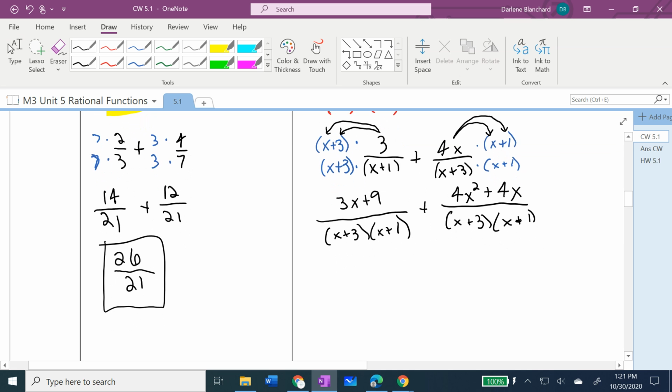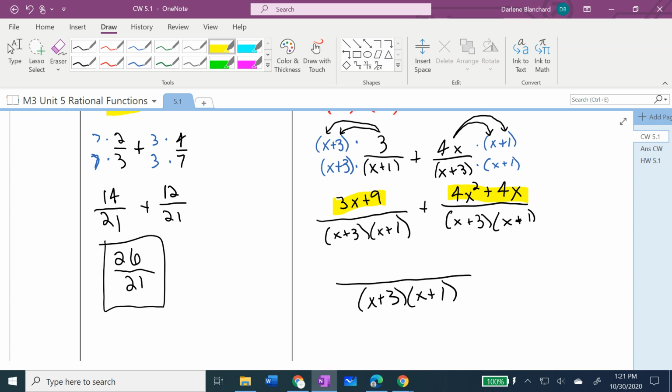So I've got my common denominator. I keep it, and I add the numerators. How do I add polynomials? Who gets to come together? With what I highlighted. So if you look at these two numerators that I highlighted, how can those terms add together?